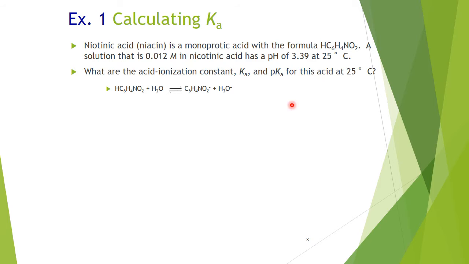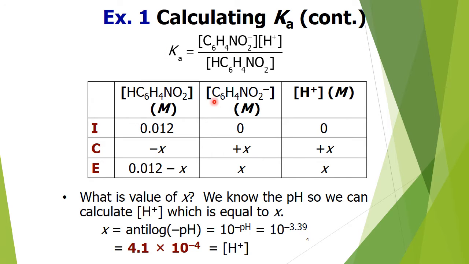So we're going to set up an ice table and come up with our answers. Okay, so here's the ice table, and here's the equilibrium expression, product over reactant. Here's the concentration 0.012, 0, 0, and it changes by X, and this increases by X, and this by X, and so forth.